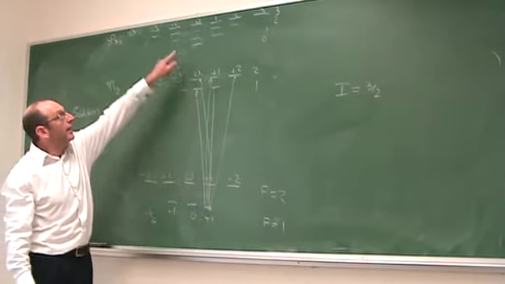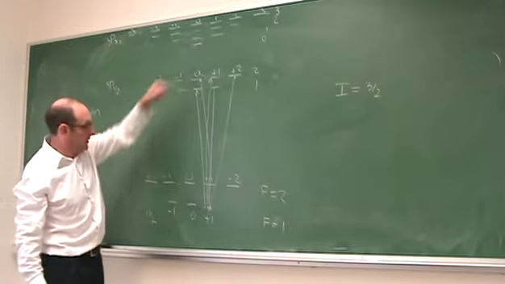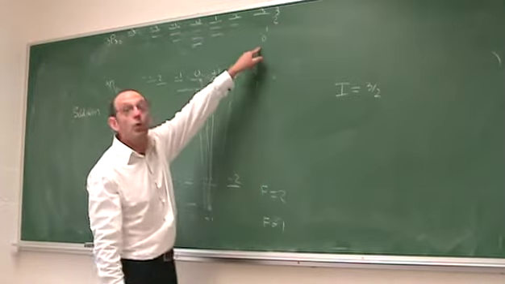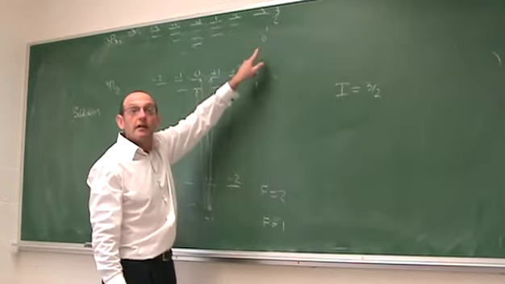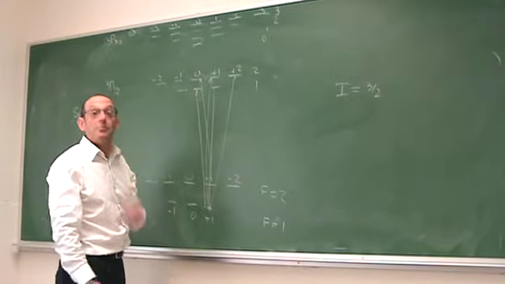And if I go here, where can I go up here? Can I go from here to here? Yeah, I can do that, because that is delta F equals 1 and delta N equals minus 1.